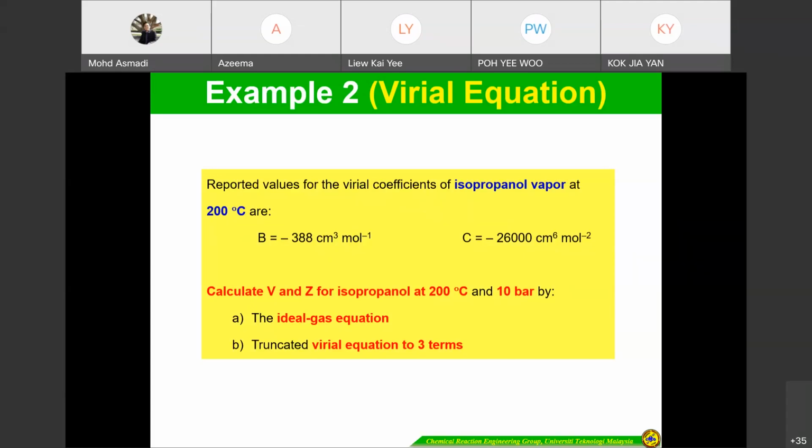For the ideal gas equation, just use PV equals ZRT, where Z is equal to 1. So please calculate.